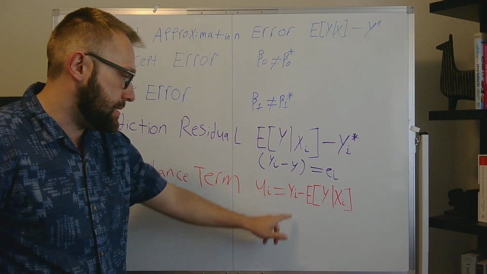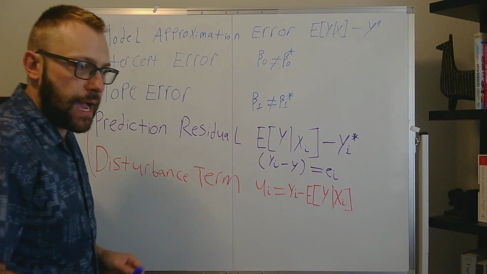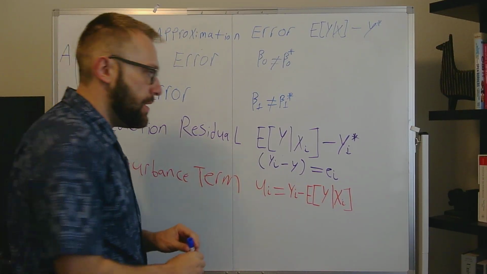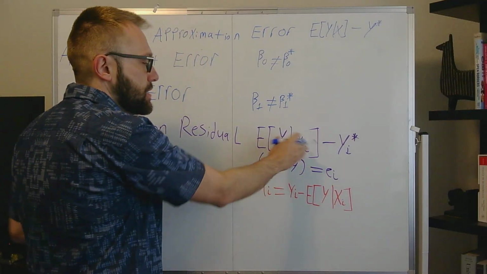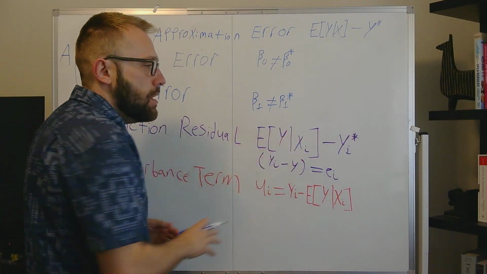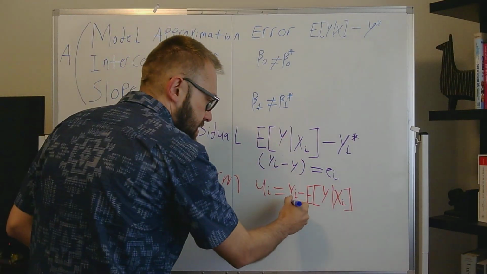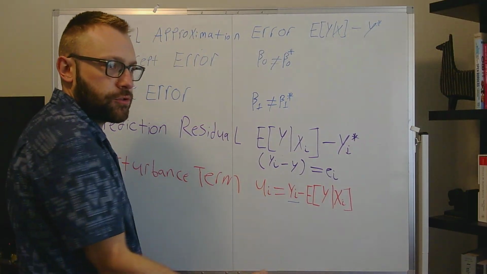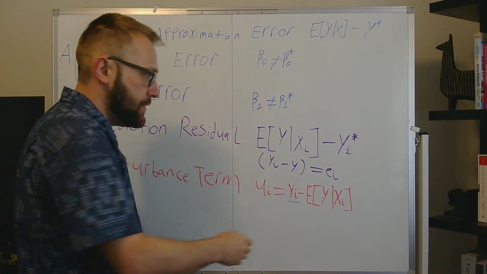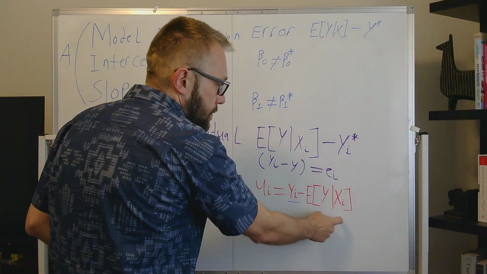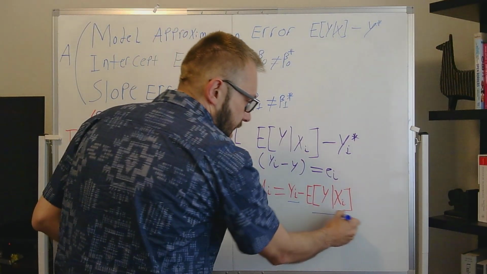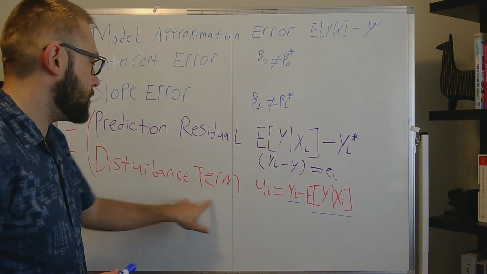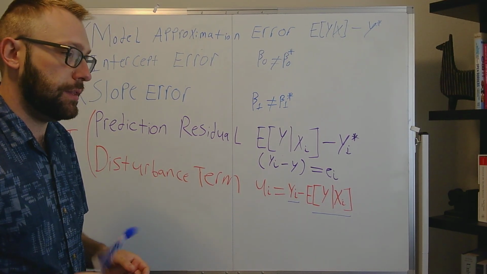What this is telling us is, this is the one time where we would focus on the individual themselves, not just what the average of their pool would predict. So this is saying, no, the individual's true wage, this is what their true wage is, and then we are subtracting the average of wages for that pool. And that gives us the disturbance term, again, where most of econometrics is going to live.